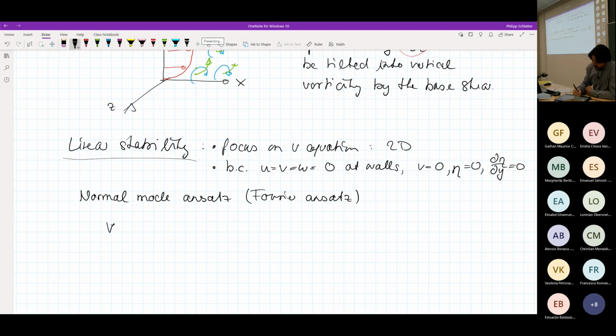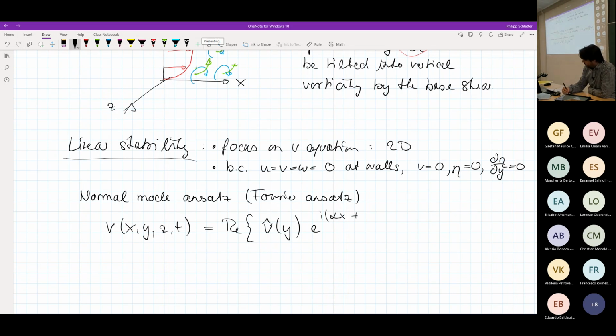So my V, which used to be a function of x, y, z, and t, I will approximate, as before, as the real part of some v hat, a Fourier coefficient as a function of y, times e to the I, and then I need to get all the spatial dependencies, so alpha x plus beta z, and then the temporal dependency minus omega t.